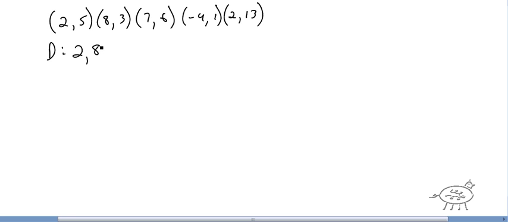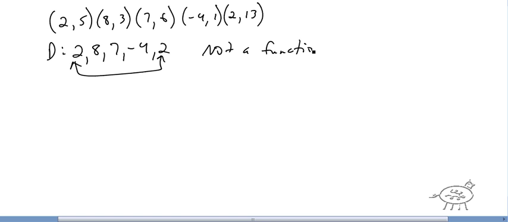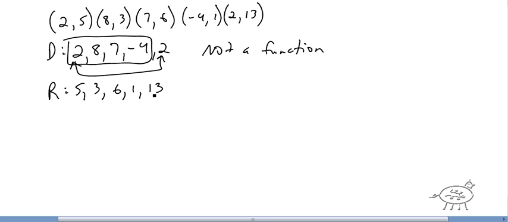It's 2, 8, 7, negative 4, and there's 2. Oh, there it is, man, right there. The 2's repeated, so this is not a function. Real easy, and obviously my domain is still these values here, but since the 2 is repeated, it is not a function. Okay, and then of course our range is going to be 5, 3, 6, 1, and 13.